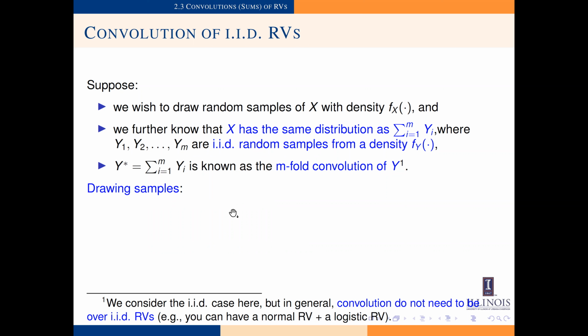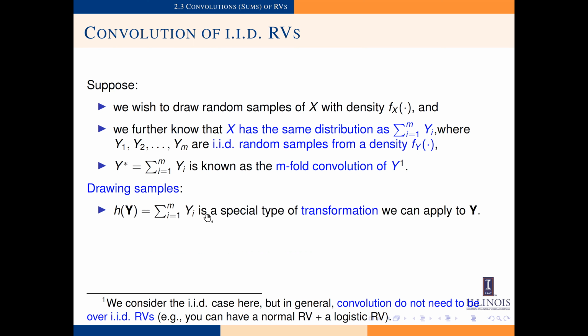If we want to draw samples of x, which follows fx, and we know that y star, which is the sum of the IID yi's, has the same distribution as x, then we can actually sample the x's by sampling the yi's first and then summing up the yi's.